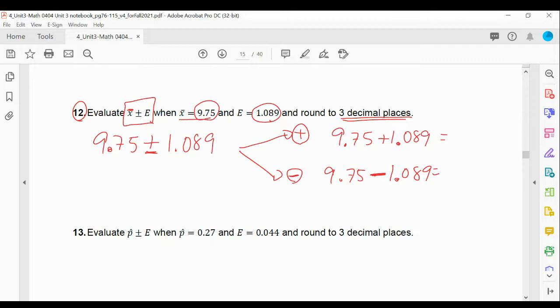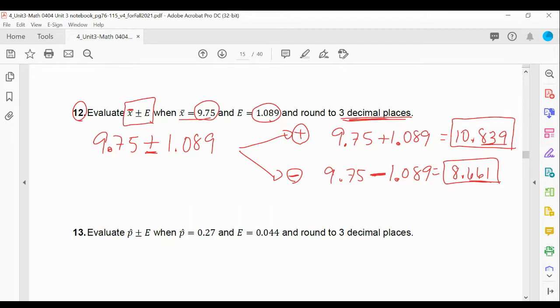That gives us 10.839. Circle that answer. When you subtract them, you get 8.661. Circle that answer. Don't forget to round to 3 decimal places. Well, these already have 3 decimal places.